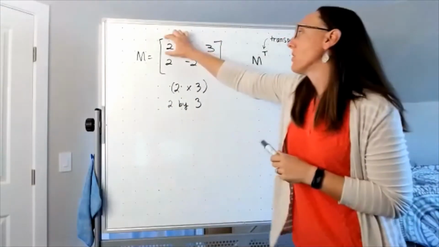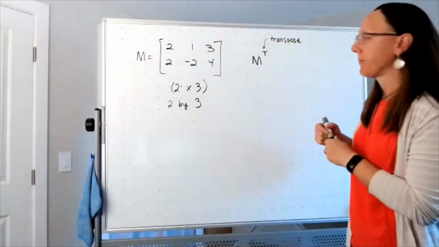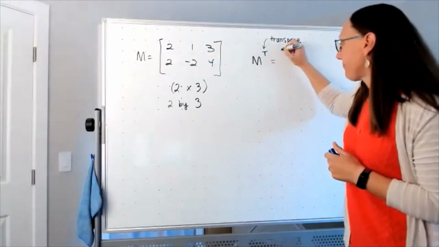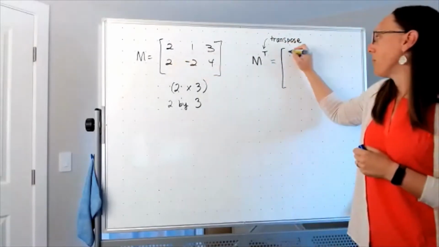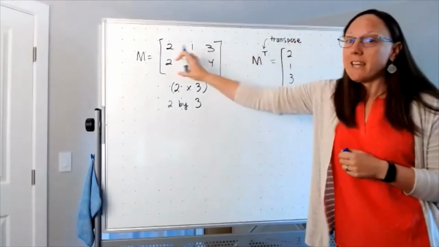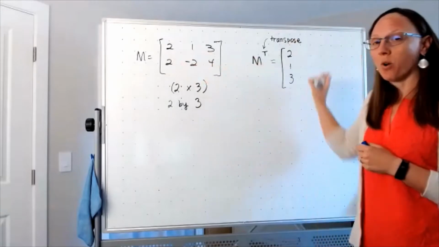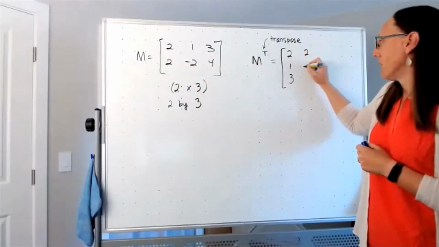So my first row becomes my first column. So that first row of 2, 1, 3 would become my first column for the transpose. My second row, 2, -2, 4, becomes my second column when we write the transpose.